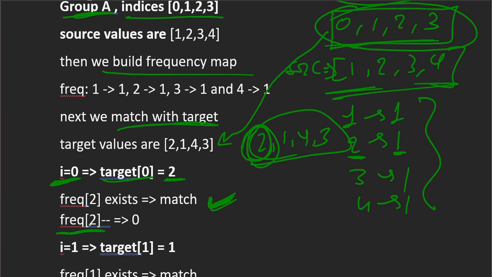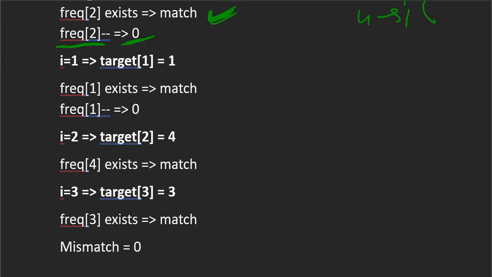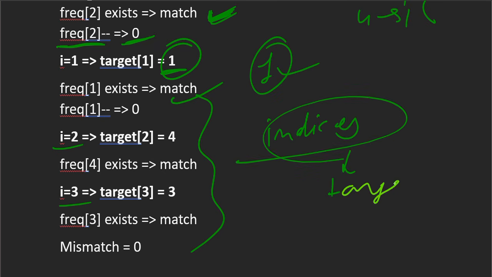Then we reduce the frequency of 2 by 1, and it becomes 0. Then we check i equal to 1, where target is 1. Again the frequency of 1 is present, so it's a match. Then for i equal to 2, and i equal to 3. This way we check all the indexes in the target array.